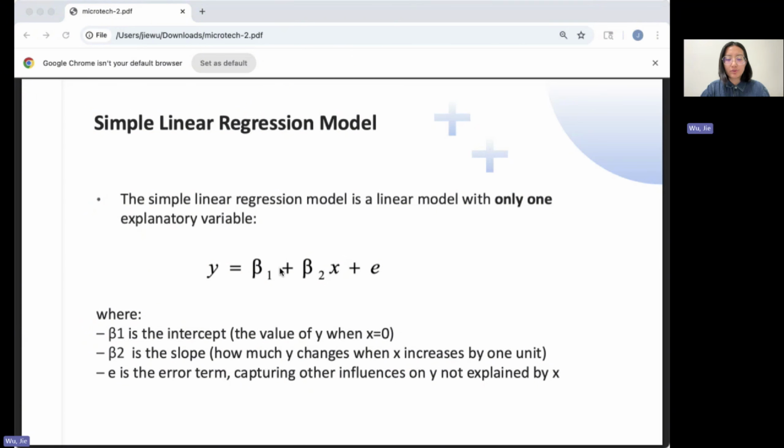So here we just use beta 1 plus beta 2 x plus the error term. We're assuming the relationship between income and expenditure is linear. But is it really true? Think about that, right? Not quite. In fact, this model is obviously wrong, right?